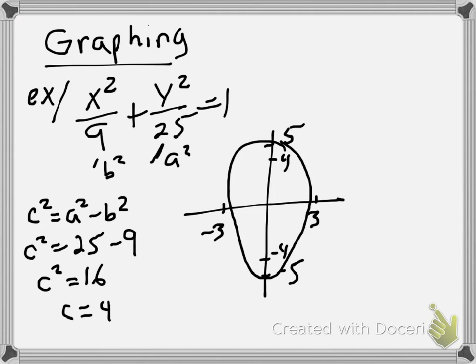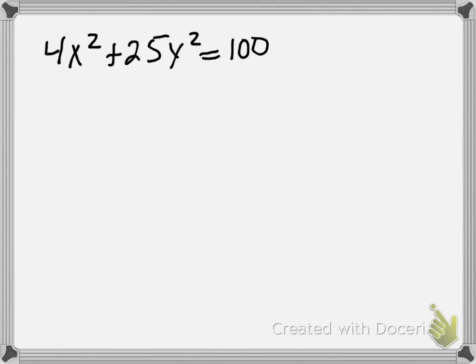Okay, we also have to look at being able to get these things into standard form. So let's say I have 4x squared plus 25y squared equals 100. Well, the first thing that you want to do is set this equal to 1.